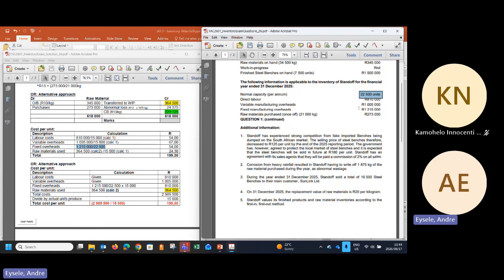So to get the allocation rate for fixed overheads, you will say 125 divided by normal capacity, times the amount of benches you've manufactured. So it's not multiply by 1,500 units. We've manufactured 15,000 units, but you need to get the allocation rate first based on normal capacity.